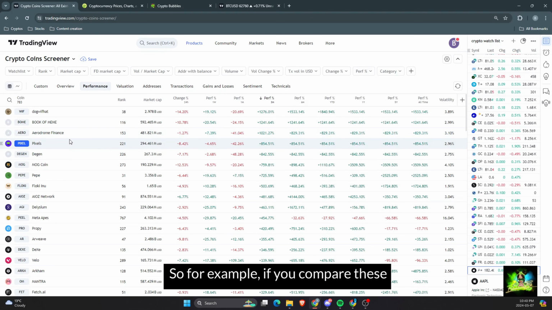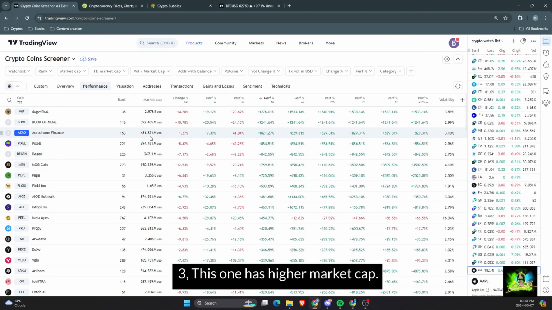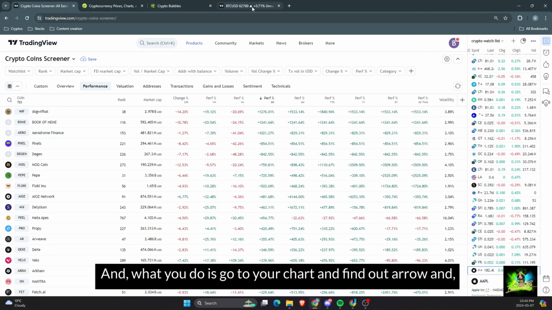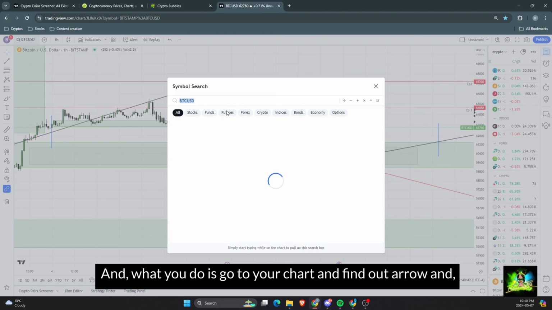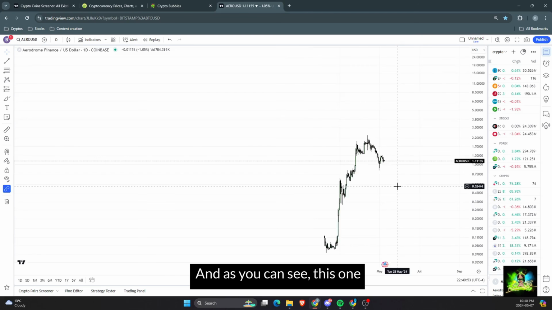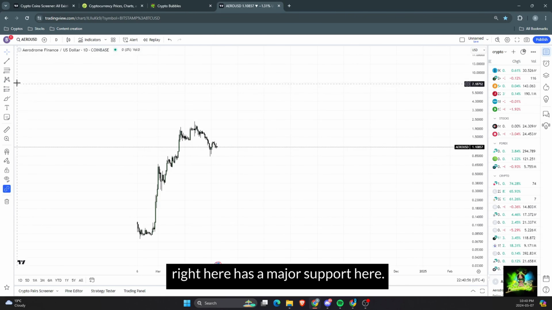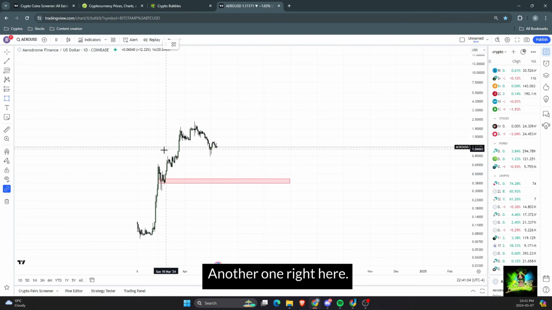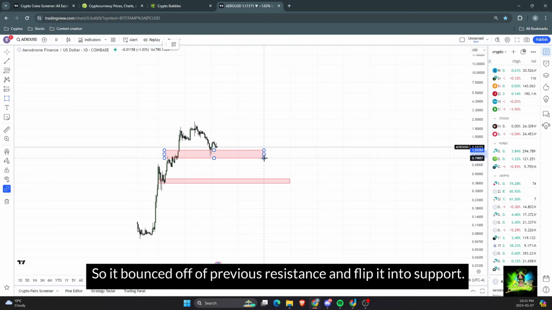Okay, so for example, if you compare these three, this one has higher market cap. Degen is a little bit of a risk. This is medium risk. And what you do is go to your chart and find out. So go to the daily chart, and as you can see, this one right here has a major support, another one right here.